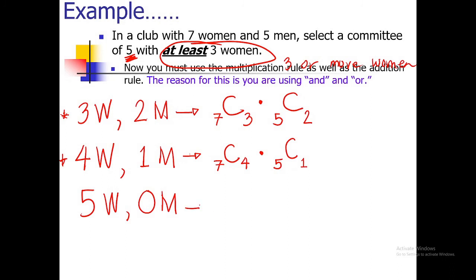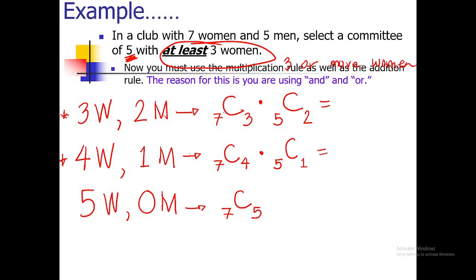And lastly, the combination of 7 women taken 5 at a time. Now, if you want to solve this, you can, but the answer for the combination of 5 taken 0 at a time is 1. It's 1 all the time. So let's compute this, please.